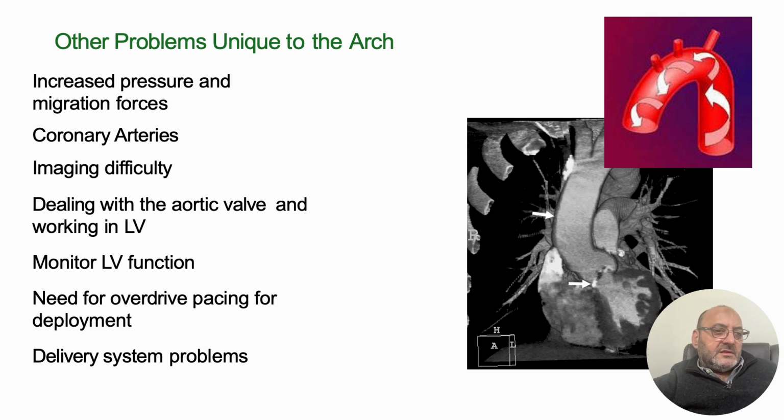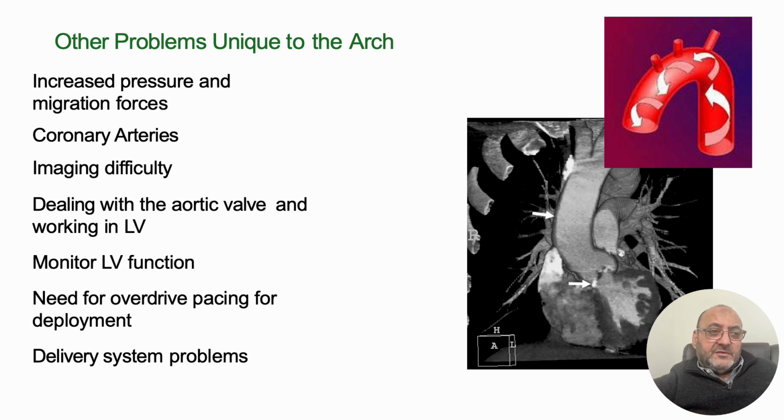Coronary arteries are sometimes in the way, and there's not enough landing zone. Imaging is difficult, for instance, the discrepancy between diastole and systole can make the diameter of the aorta different.